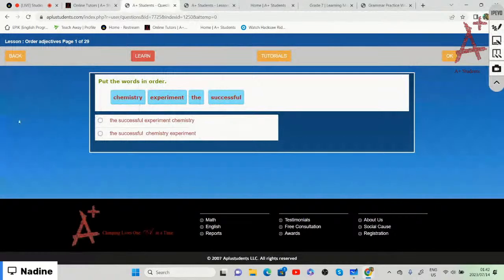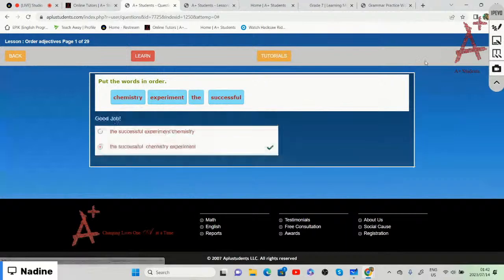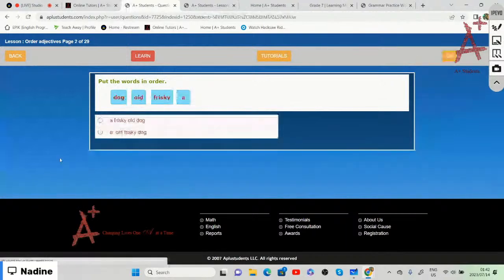And of course, it starts with an article, which is the. All right. So they are talking about the experiment, right? Let's choose the second option, because they are describing the successful chemistry experiment. So, what type of experiment? It was not only successful, but it was a chemistry experiment.